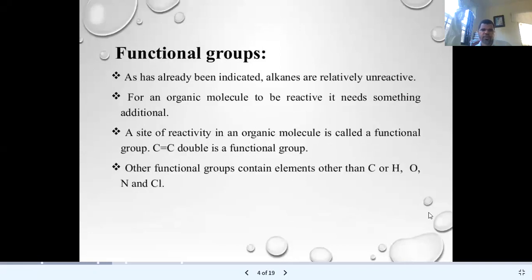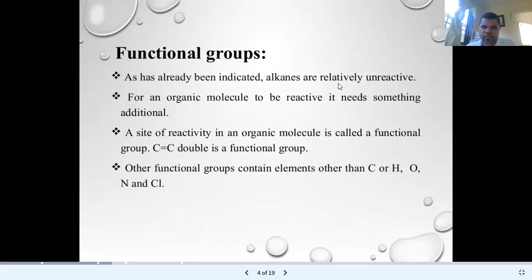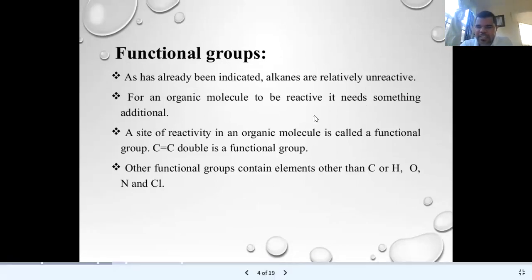I don't want to stop here. As we discussed before, the alkanes, this homologous series, this type of compounds are very unreactive. If you will, you can call these compounds the noble gases of the organic compounds, because they don't react easily.